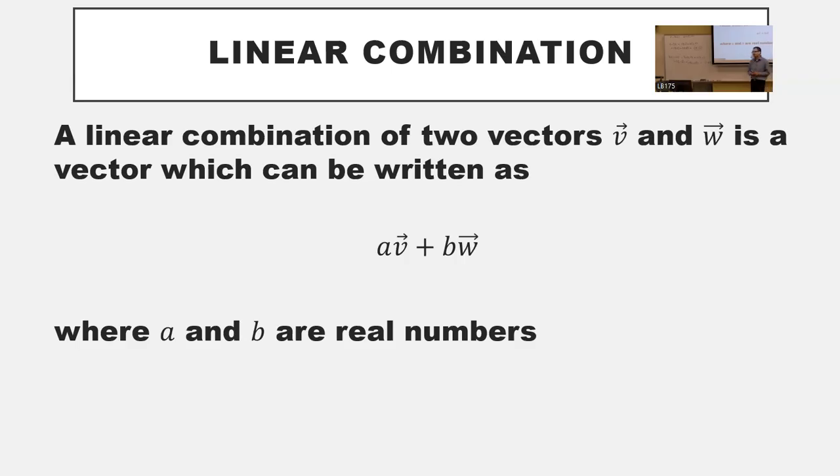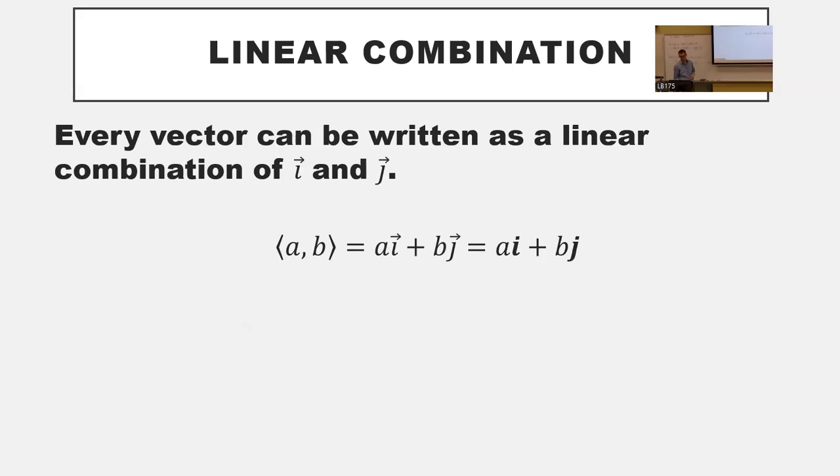So this term, linear combination, is just referring to multiplying the two vectors I've been given by scalars and adding them up. Combination means we're adding them up. Linear means I'm not multiplying by anything other than a real number or real numbers. Okay.